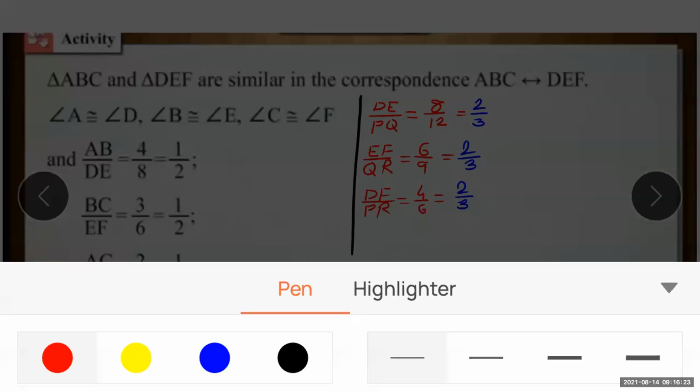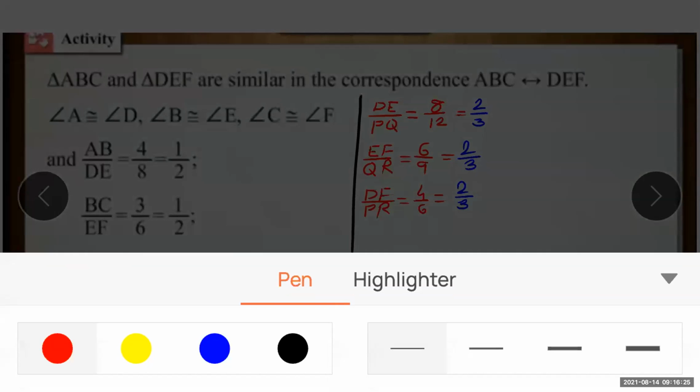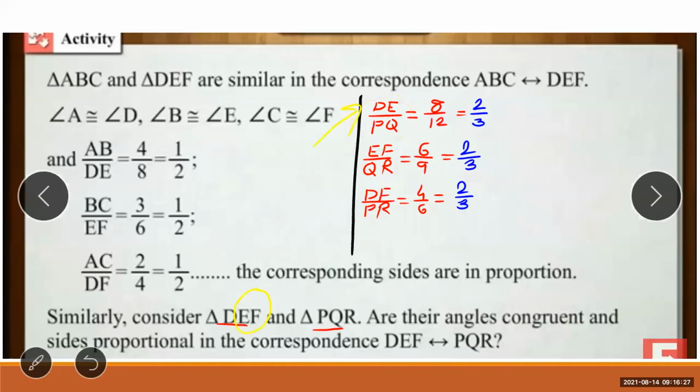The second will be EF divided by QR. And the last will be DF, first vertex and last vertex, divided by PR. Sorry, DF by PR. Now put up the values.